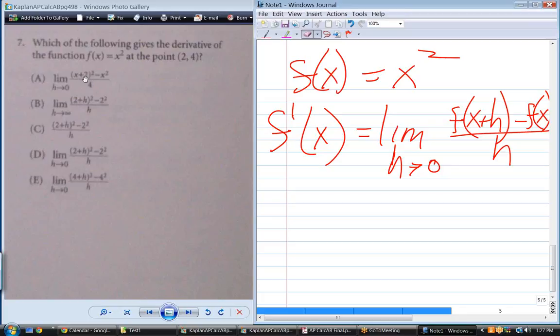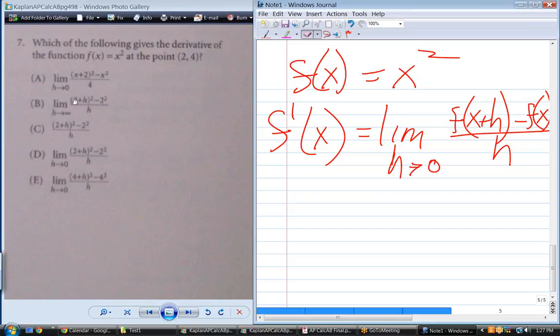What's wrong with A? Let's eliminate it. Okay. What's the problem with A? What's in the denominator? 4, which would not be h. Okay. So we're only interested in answers that have h in the denominator, which is B through E.